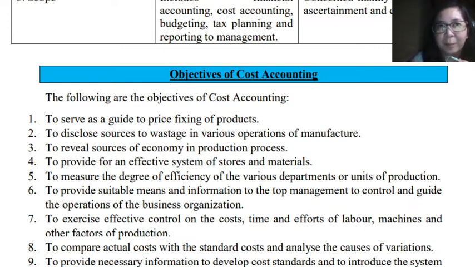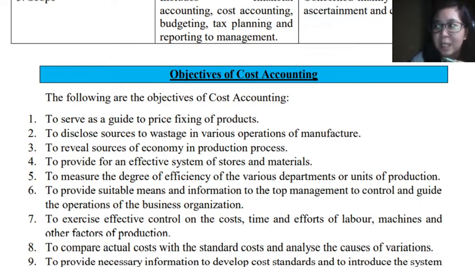For example, an item or a product was produced from raw materials that will be converted into finished goods. While the unit is not yet finished, it was placed in a warehouse and you are renting the warehouse, and you just place the unfinished item in that warehouse and you pay for the rent, and this rent or payment of rent is added to the cost of the product.